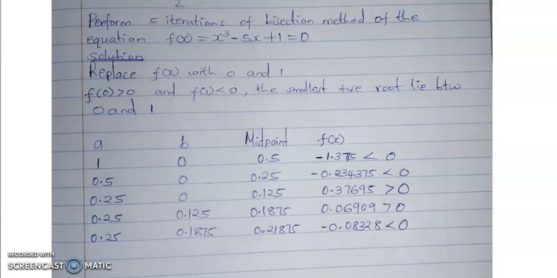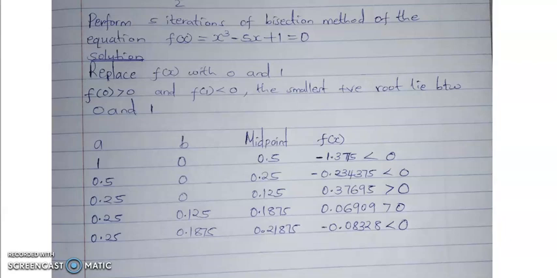Perform 5 iterations of the bisection method of the equation f of x is x cubed minus 5x plus 1 equals 0. Given this question, you're supposed to perform 5 iterations using the bisection method.